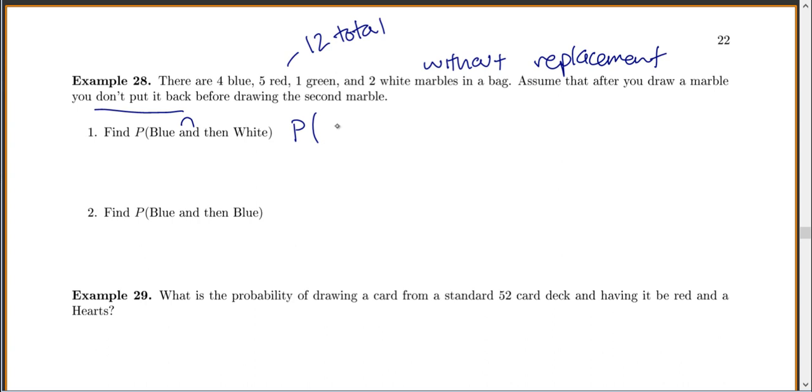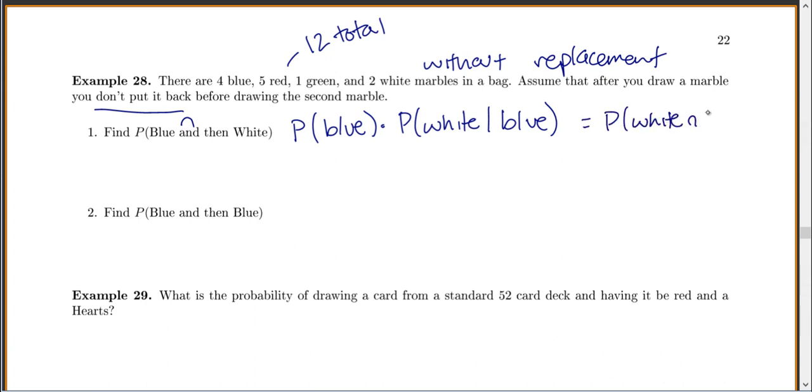Technically, this would be the probability of blue times the probability of white given blue. That would just give you the probability of the intersection of white and blue. So that's our technical definition. But for me, it's difficult to see these and then write it in the technical definition. And I can do these just by logic much easier.